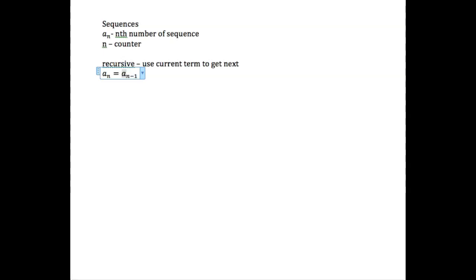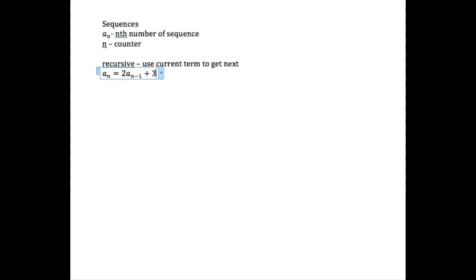Well, here's what I'm going to do in this particular one. I'm going to take the last term, multiply it by 2, and then add 3. So we can build up a sequence using a recursive definition like this.